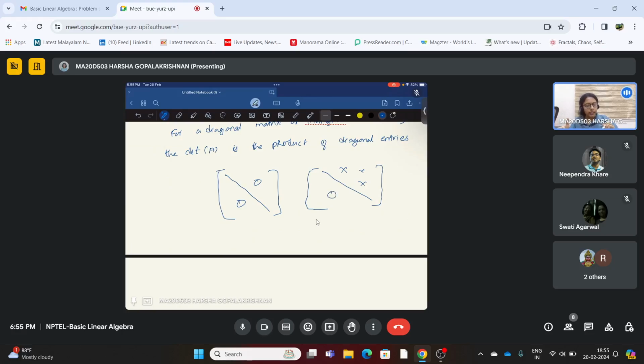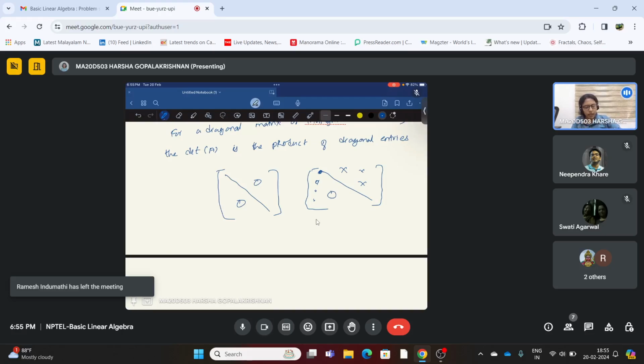Now if we are taking the determinant, we will expand either along one row or one column. Suppose we are expanding along the first column. Corresponding to the first element, we can find the determinant here. But corresponding to all the other elements, everything is 0, so those terms will go to 0.